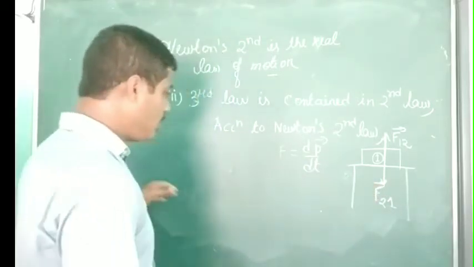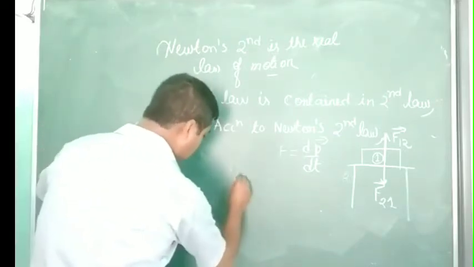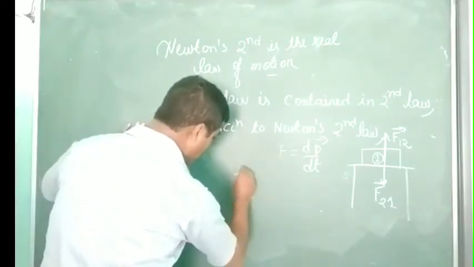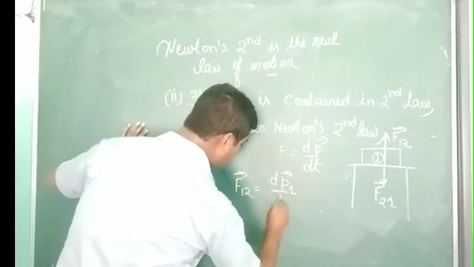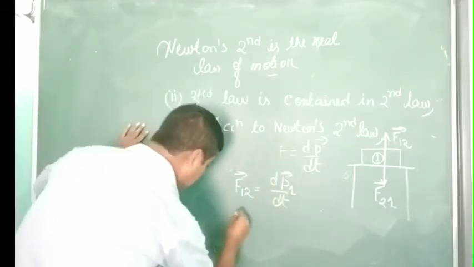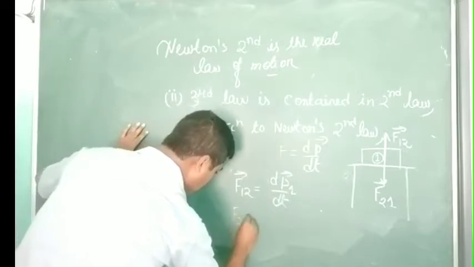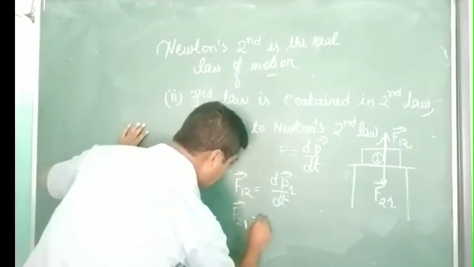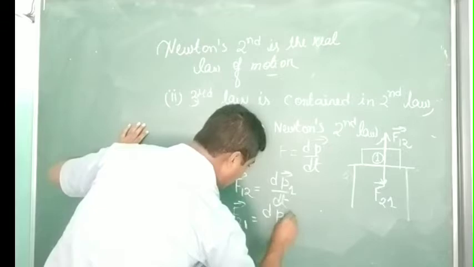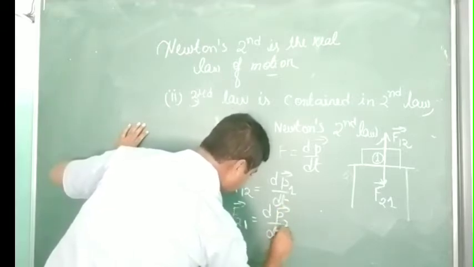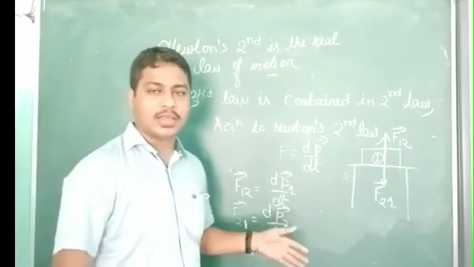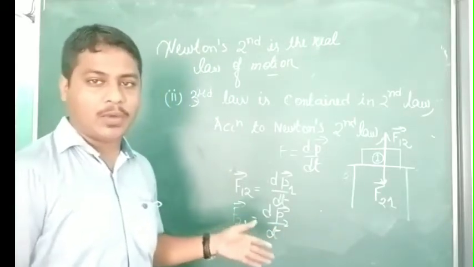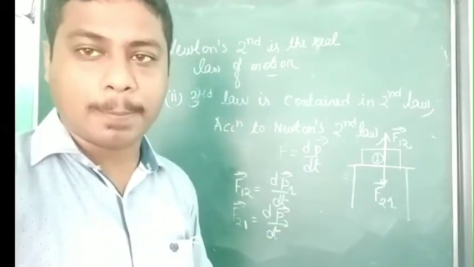So if I use Newton's second law, we can write that F12 will be equal to dP1 by dt. Similarly, I can write that F21 will be equal to dP2 by dt.